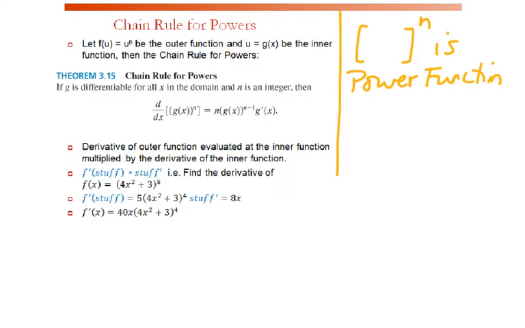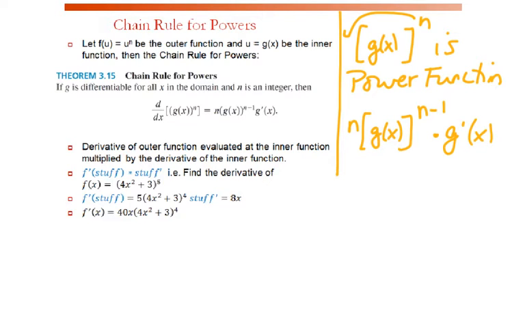And the chain rule for powers is you're going to take the derivative, where the exponent becomes the constant multiplier, and whatever is inside, you subtract 1 from the power. So you take the derivative of the outer function, and whatever's in there, if it's some other function, it's going to come along for the ride, but then you need to take the derivative of the inner function. So this is the same thing: derivative of the outer function evaluated at g of x times the derivative of the inner function.